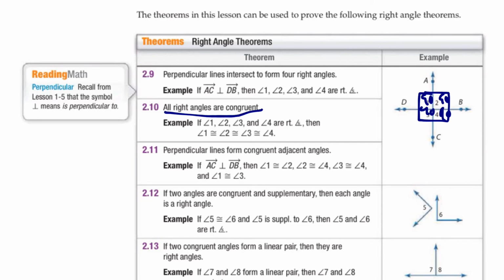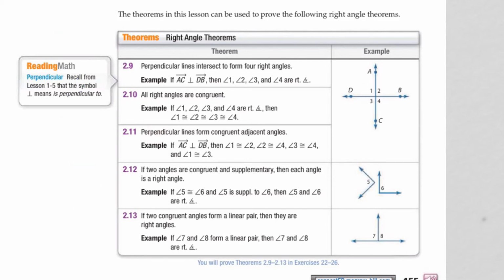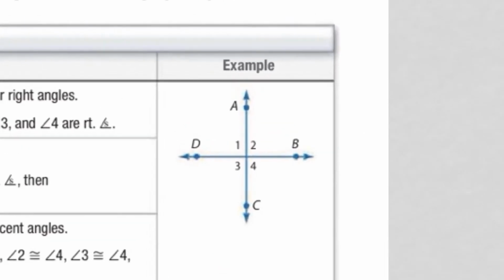2 is all right angles are what? Well, they're congruent. If right angles are 90 degrees, that means all right angles are 90 degrees, meaning they're all the same. That's common sense. You might not want to write that one, but just to be safe. It says perpendicular lines form congruent adjacent angles. So that's interesting. They're saying perpendicular lines. So let's take a look at this one.